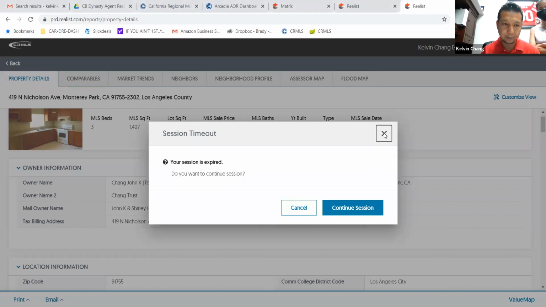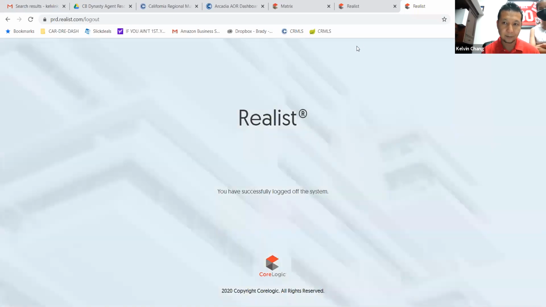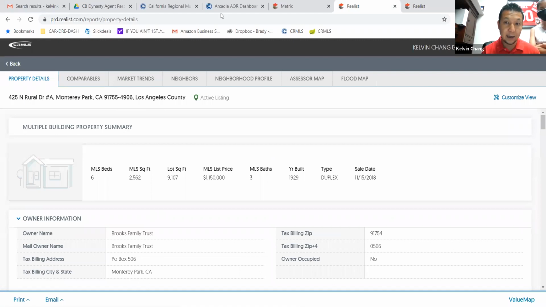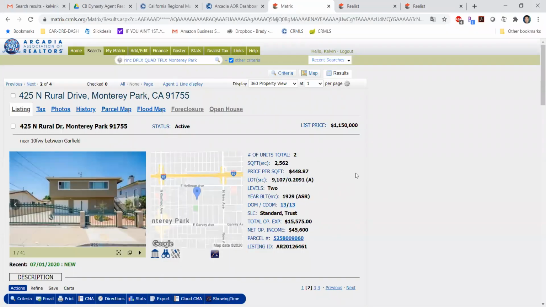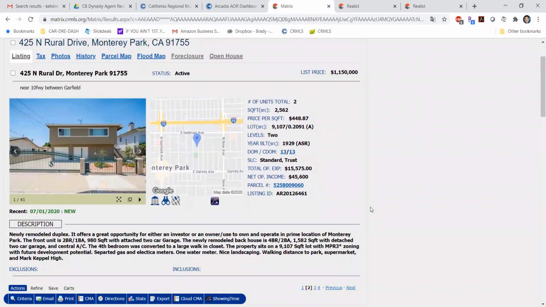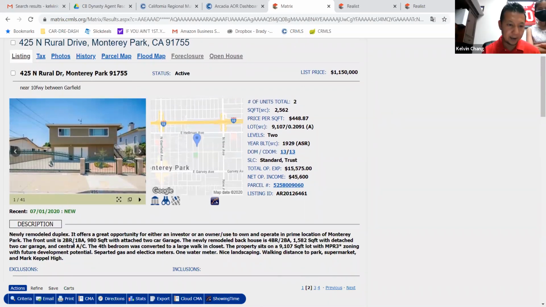And for this property, to me, it's attractive, it's nice. So there's a duplex, and then there's a guest house in the back of about 250 square feet. The front is 2-bedroom, 1 bath, and the rear is 4-bedroom, 2 bath, 1582 square feet.